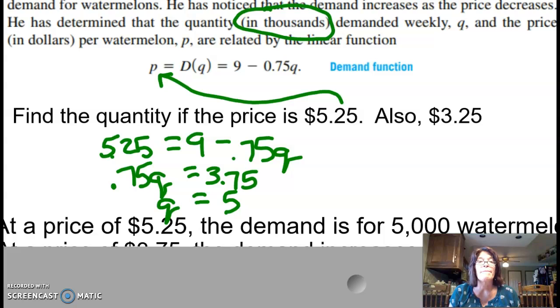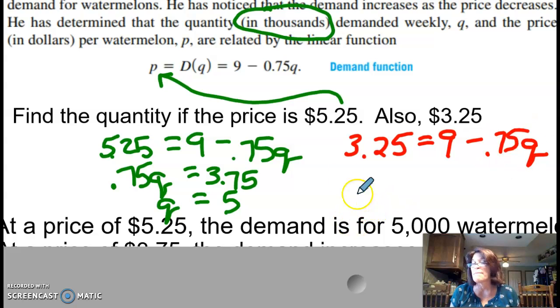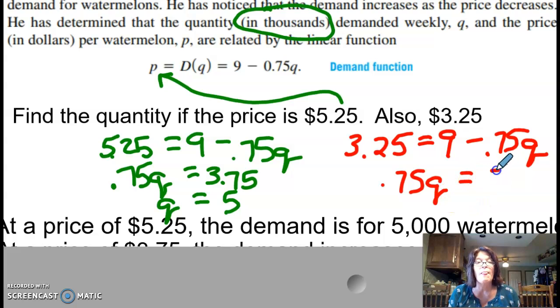If I do the same thing for $3.75, I would write 3.75 equals 9 minus 0.75 Q. Then I would do that same math: 0.75 Q equals 9 minus 3.75, which is 5.25.